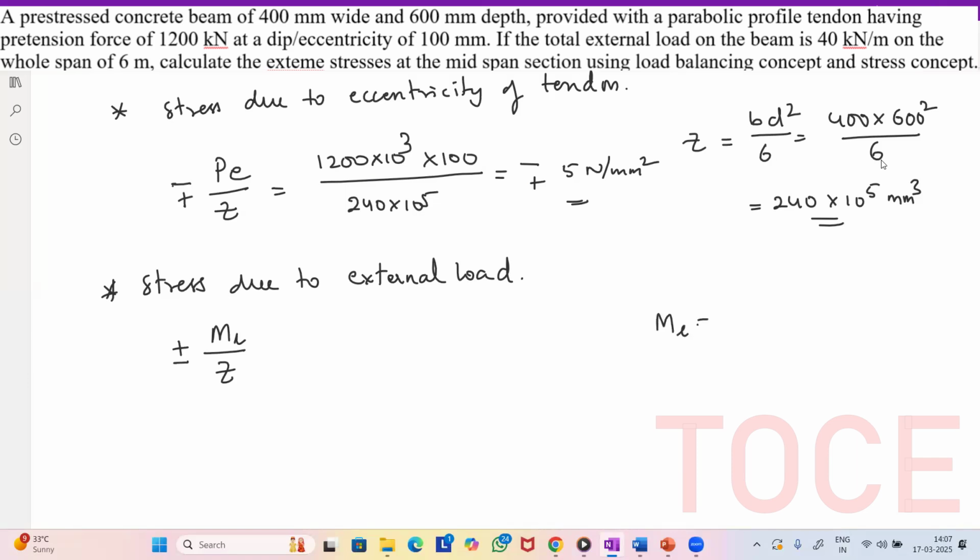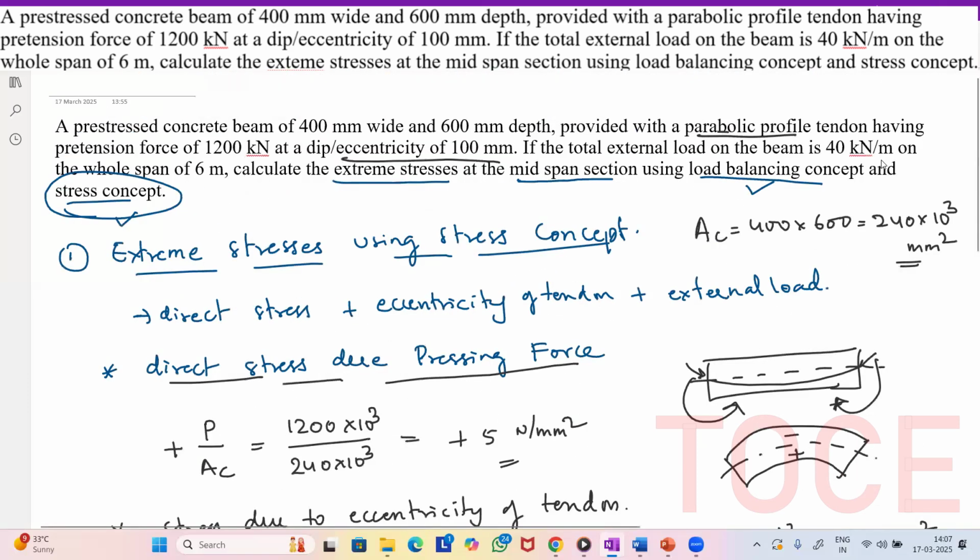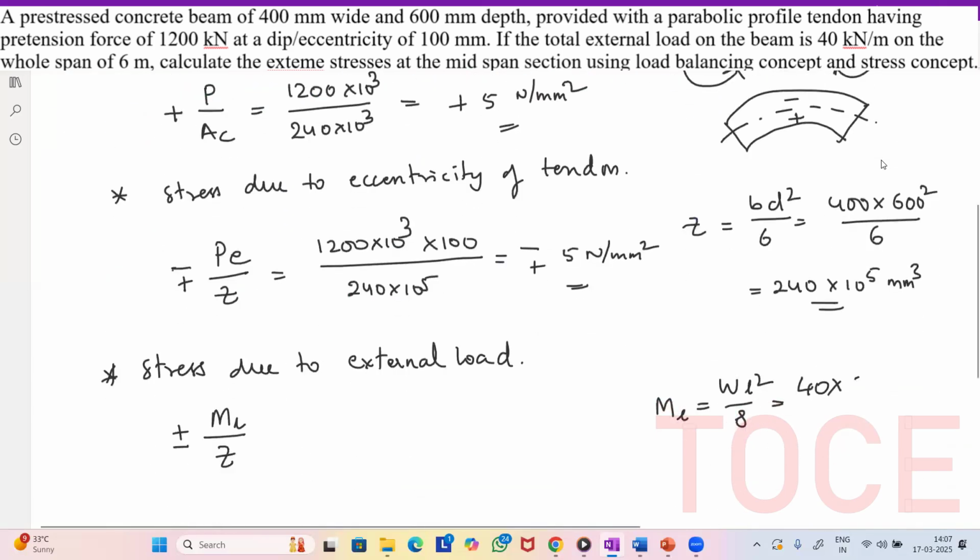Moment due to the load is equal to WL square by 8 because it is a UDL. W is given as 40, L is 6 meters, divided by 8. So it will be 180 kilonewton meter.